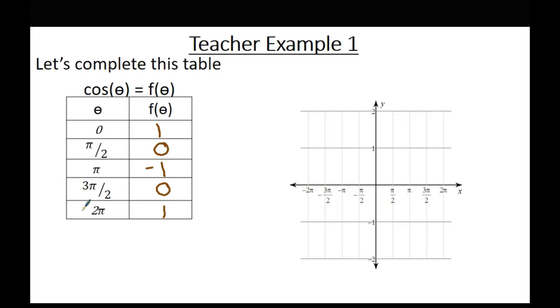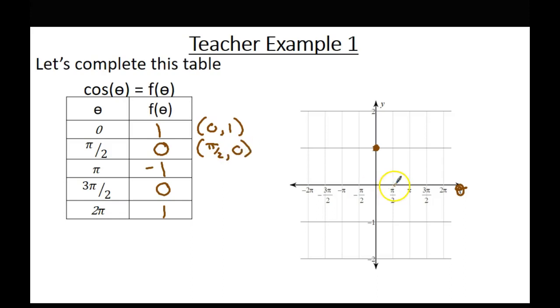This is going to be my x-axis, so instead of calling it x, I guess I'll change it to theta. So my x-axis is going to be theta, the input, right? The output is these. So at 0, I'm at 1. That's right here, right? 0, 1. And then when I'm at pi over 2, I'm at 0.